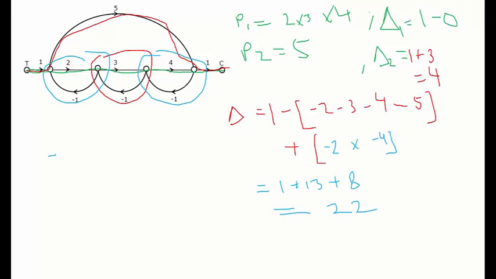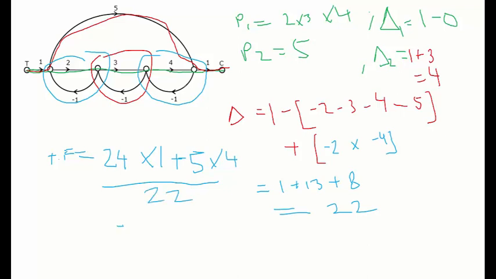So the transfer function comes out to be equal to P1 delta 1, which is 2 into 3 into 4 into 1, plus P2 delta 2, which is 5 into 4, and you have this delta as 22. So you get 24 plus 20, which is 44, divided by 22.